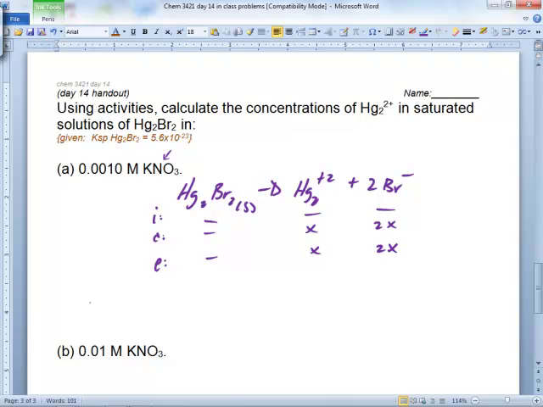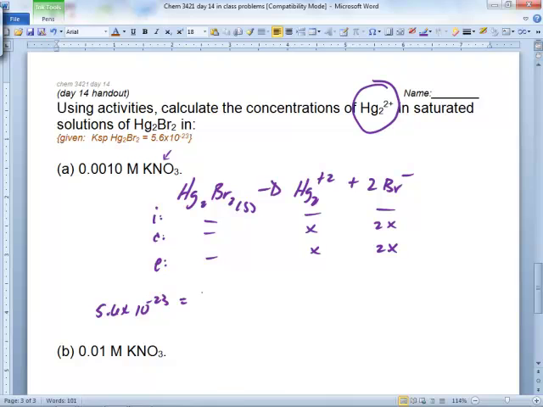So now we do 5.6 times 10 to the negative 23. Just don't go in terms of X's right away. This guy stays together. Look at how they wrote the mercury. That's the ion it has to go to. You have to go by the ion they want.